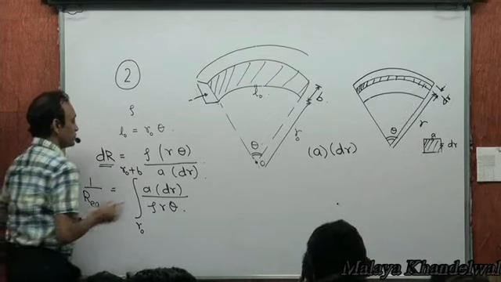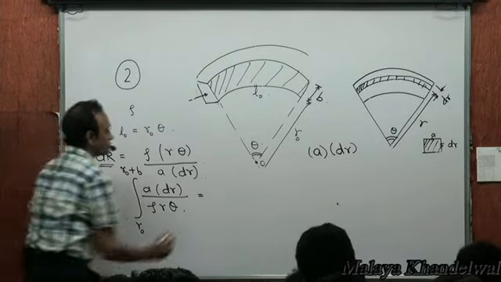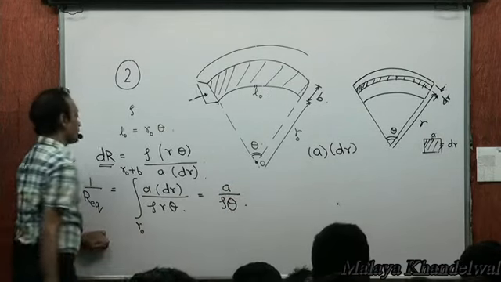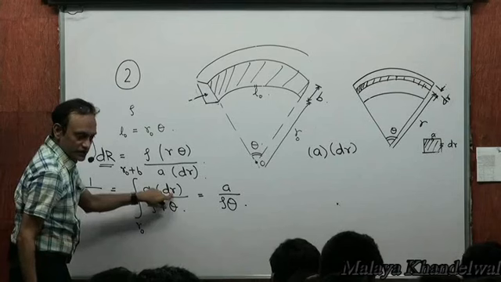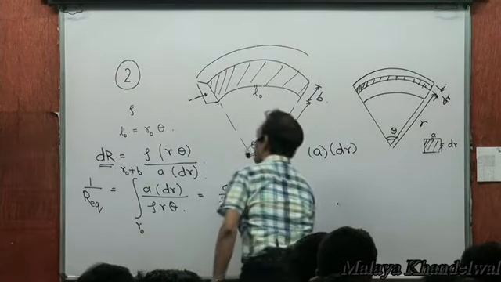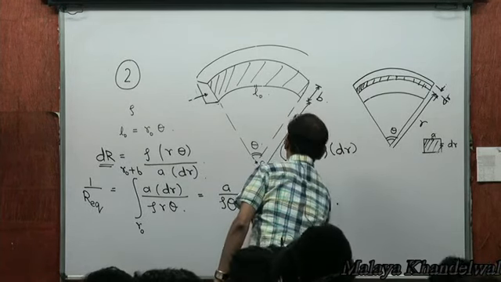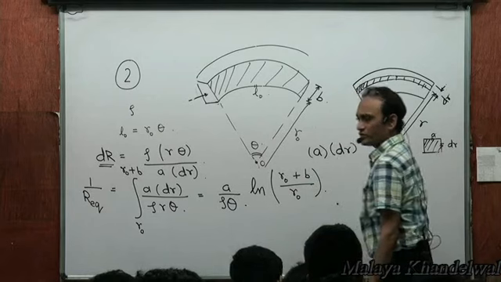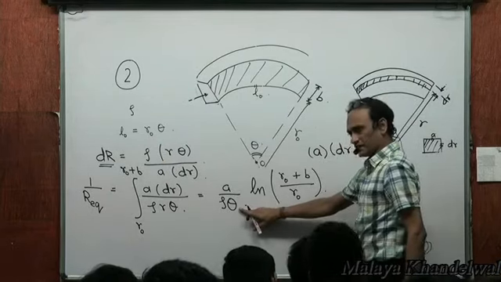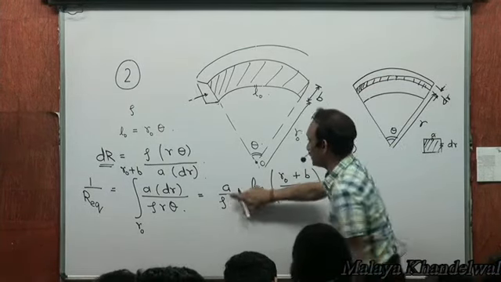This is 1 by R equivalent very clearly. A by rho theta comes out. And the integral of 1 by R dr is log R. Integrate this, you get log of (R0 plus B) divided by R0 as 1 by R equivalent. And this theta can be replaced by L0 by R0.